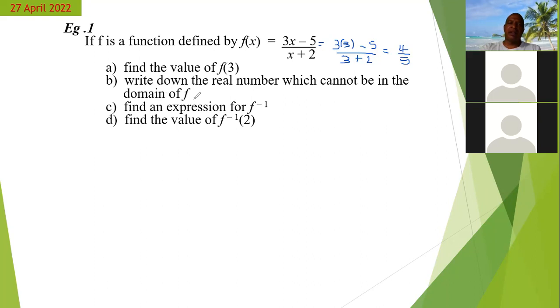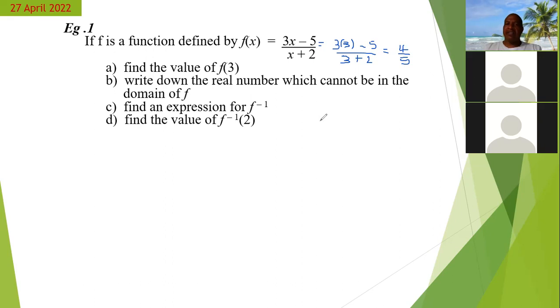Now the second part says you have to write down the real number which cannot be in the domain. Now remember, the domain has to be an x value. So based on this function, which x value cannot be in the domain? That's what this is saying. Anybody can guess?